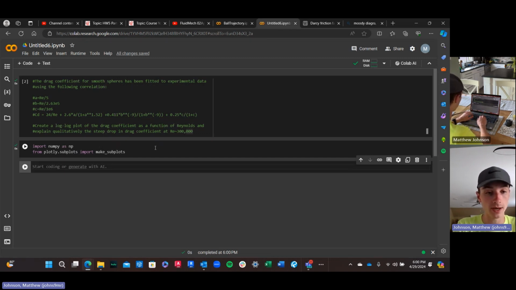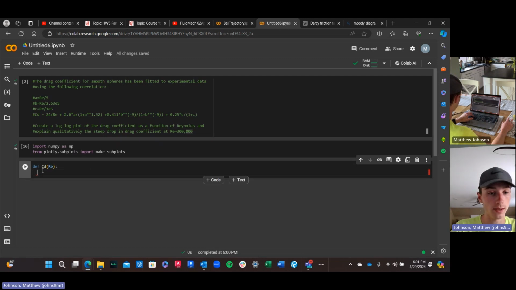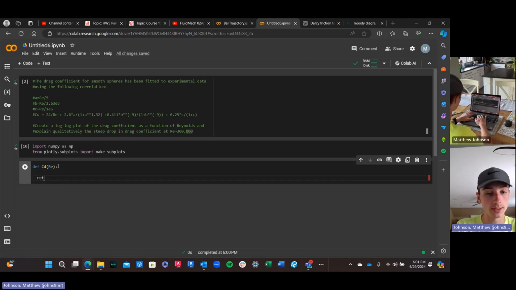All we needed to do is define a function for our drag coefficient. So we'll call it CD, just like in the problem statement. And it's going to be dependent only on one variable, and that's Reynolds number. As we know, our Reynolds number is dependent on a lot of things, but out of this function, we're going to want to return basically our drag coefficient as we see it here.